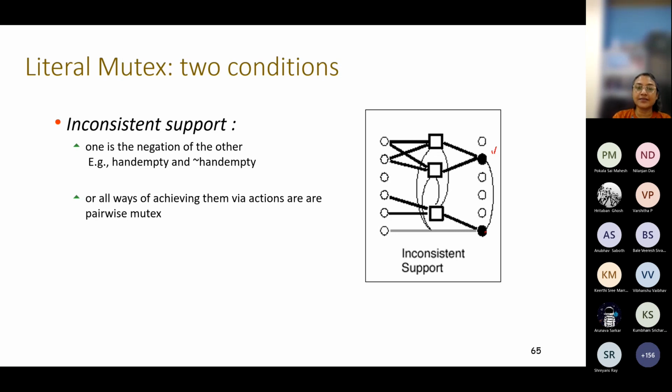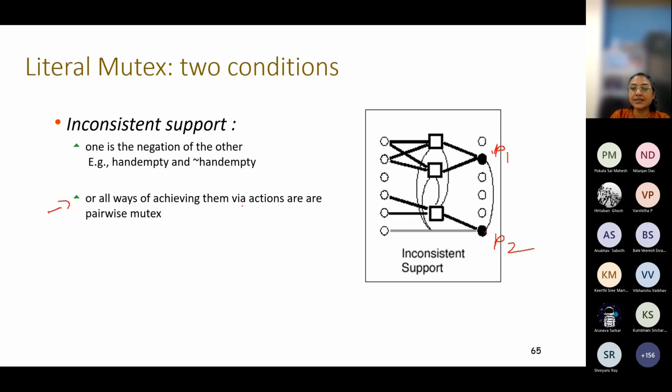Clearly they are mutex. The second type is all ways of achieving one via actions are pairwise mutex. So all ways of achieving P1 and all ways of achieving P2 are pairwise mutex. Then also P1 and P2 are mutex.